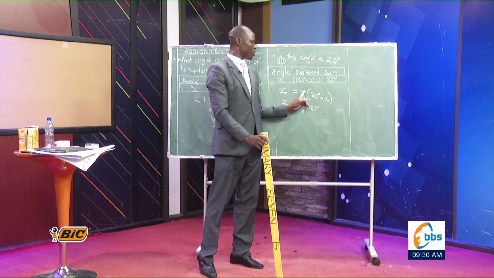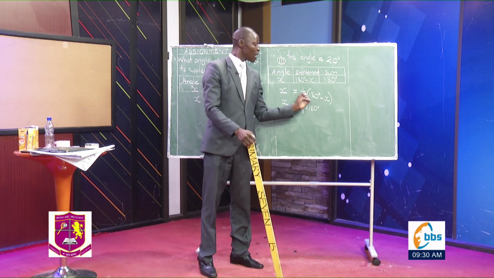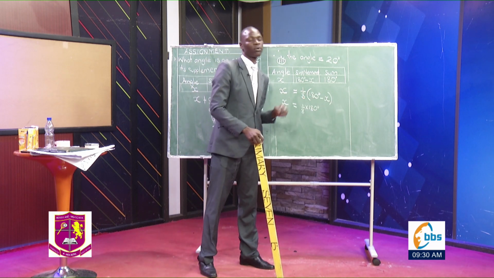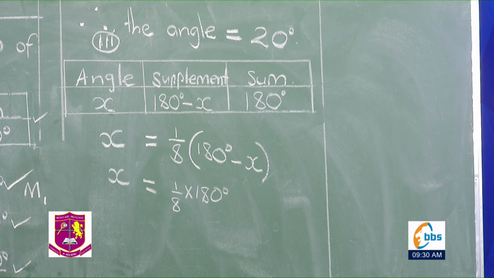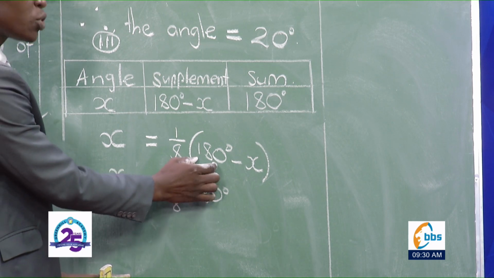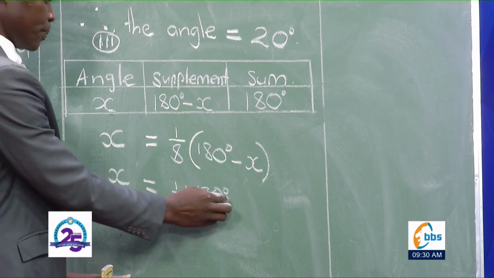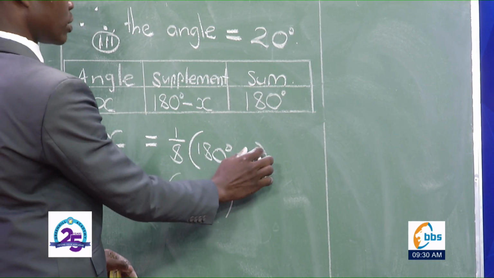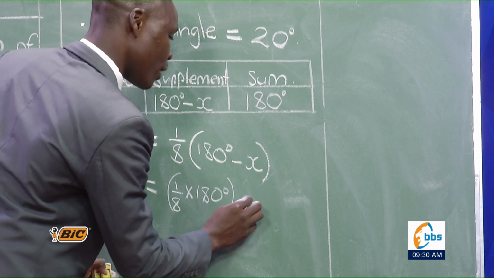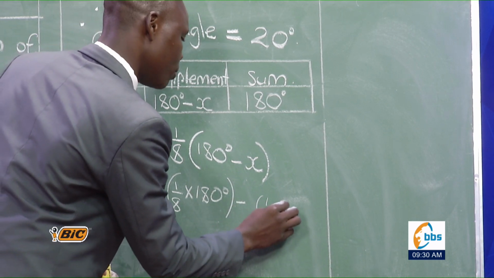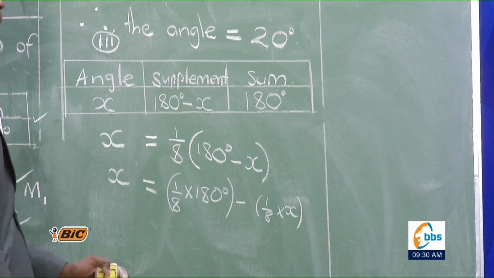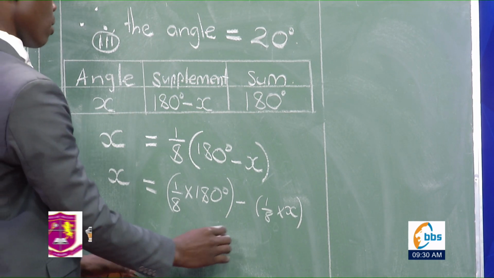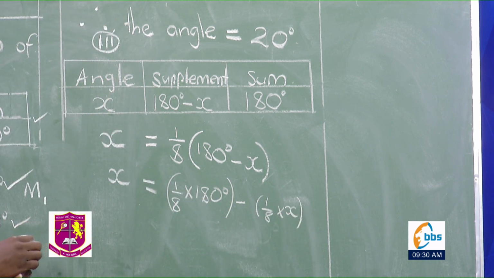The term outside the brackets must be multiplied by every term inside the brackets. So we shall have 1 out of 8 times 180 degrees, take away 1 out of 8 times x. Remember, all these are going to be in degrees.